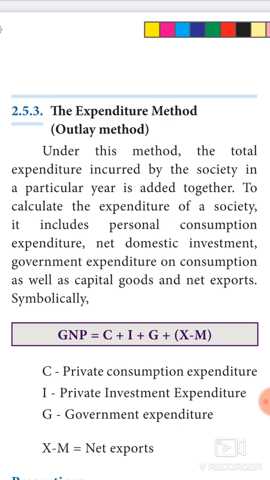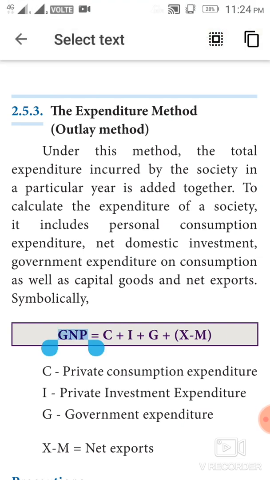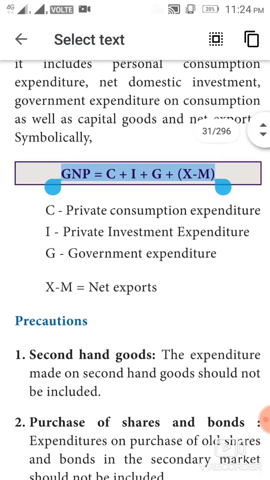It includes personal consumption expenditure, net domestic investment, government expenditure on consumption as well as capital goods, and net exports. Symbolically, GNP = C + I + G + (X − M).